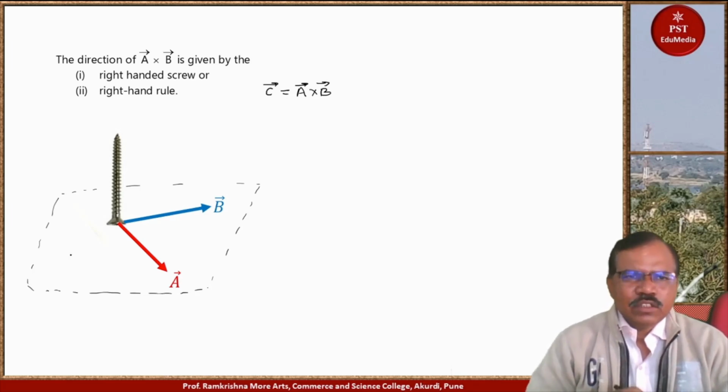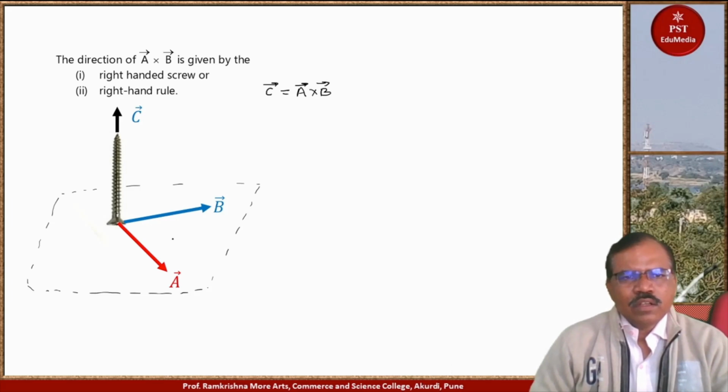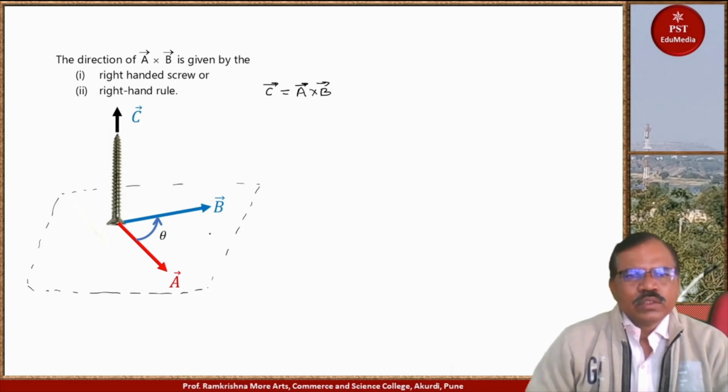Then what is the direction of C? So the direction of C is along the screw. Now here we take this angle theta. So theta is the angle between A and B, and the sense is counterclockwise.